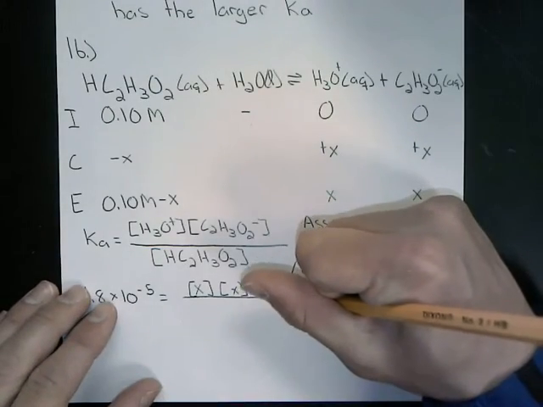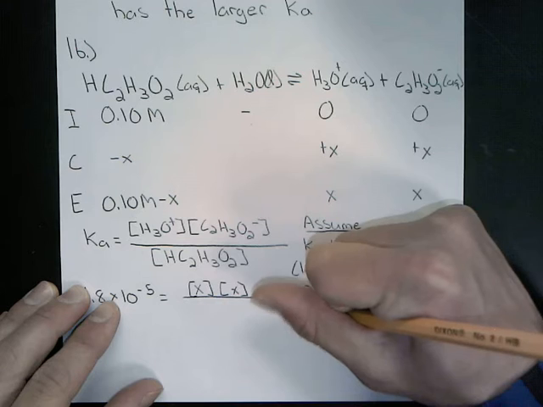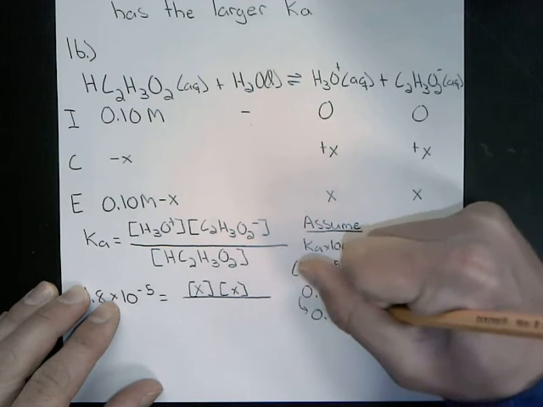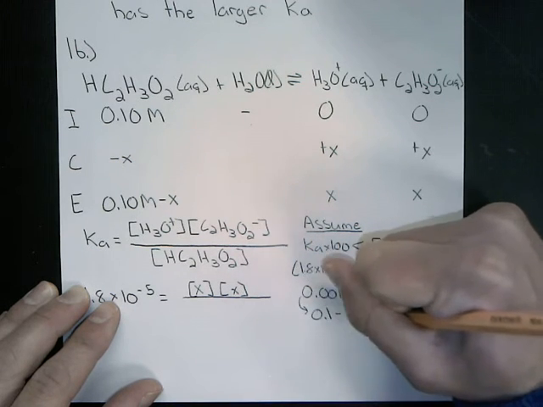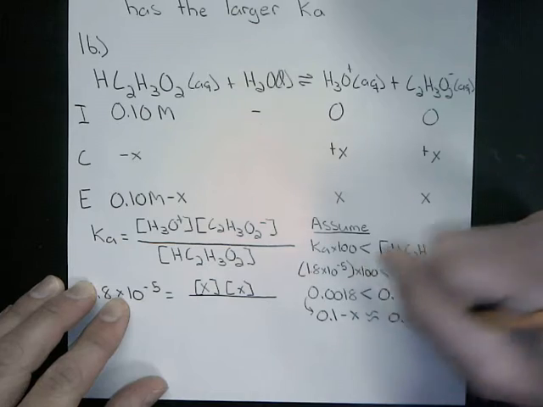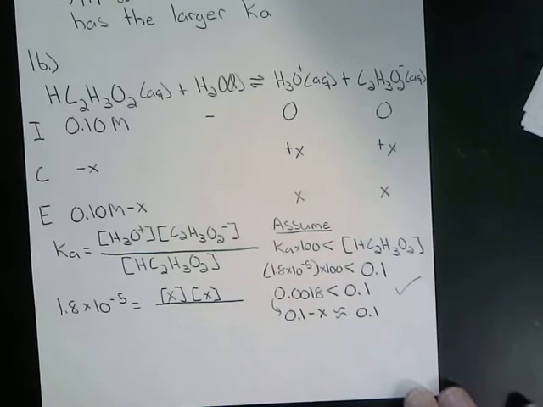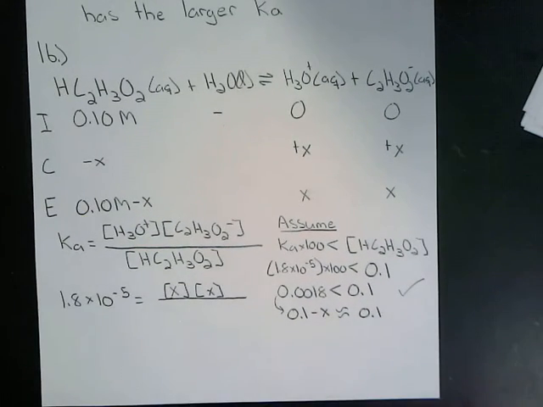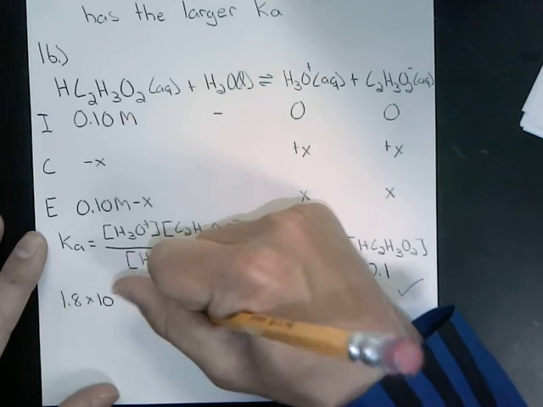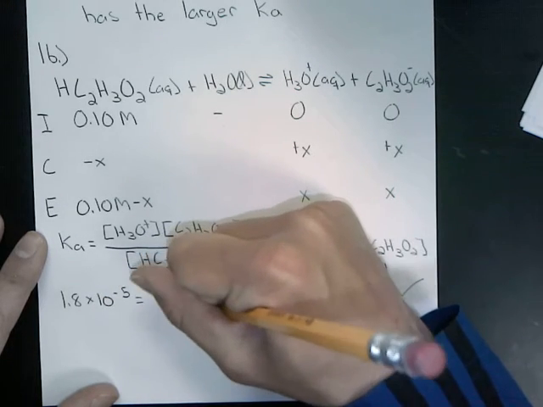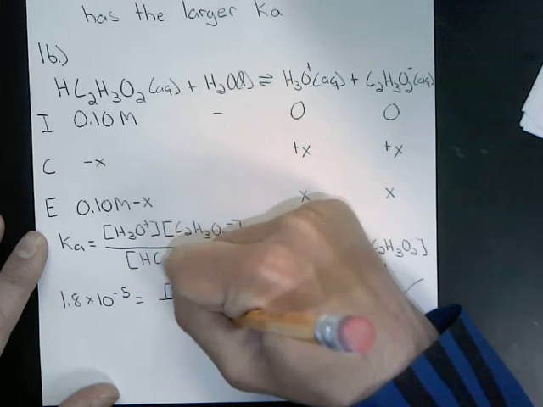So then we can assume that 0.1 minus X is essentially equivalent to 0.1, okay? So that makes it really nice here. That means we don't have to use the quadratic equation. All we have to do here is put 0.1 as our concentration for our acetic acid.